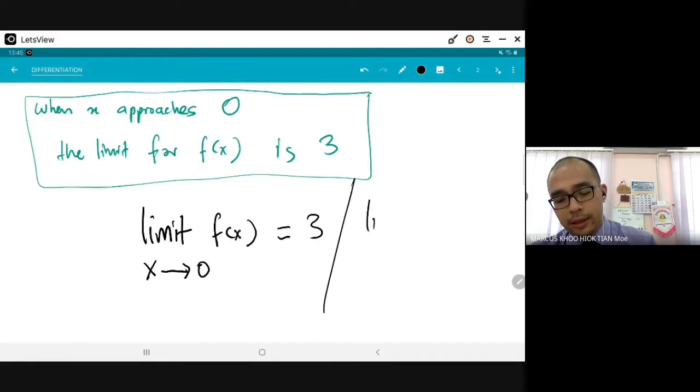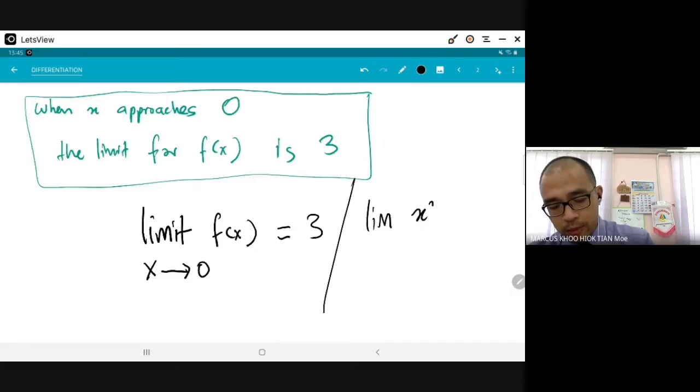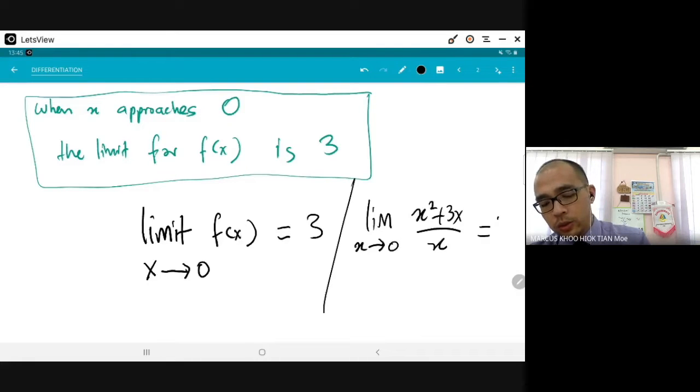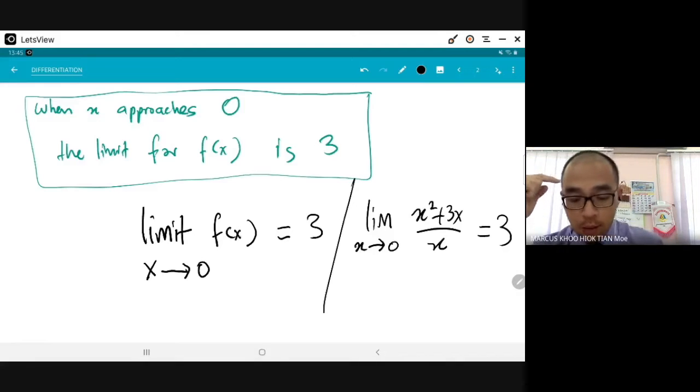Atau the limit for apa kita punya equation tadi? x squared plus 3x over x, when x approaches 0, equals 3. Okay, this is how I would write this.